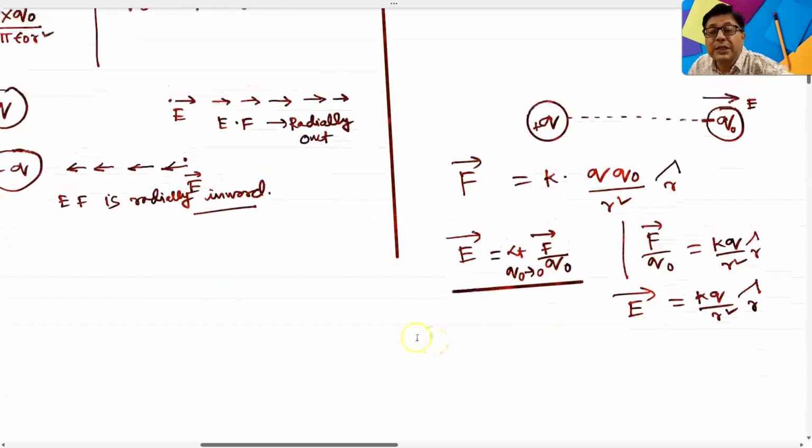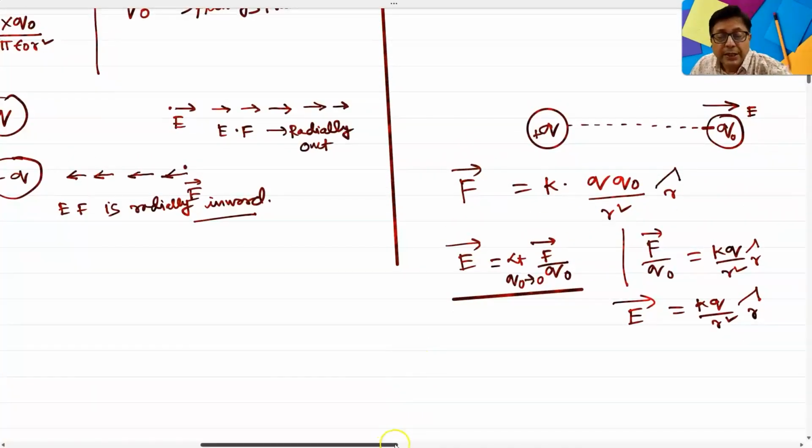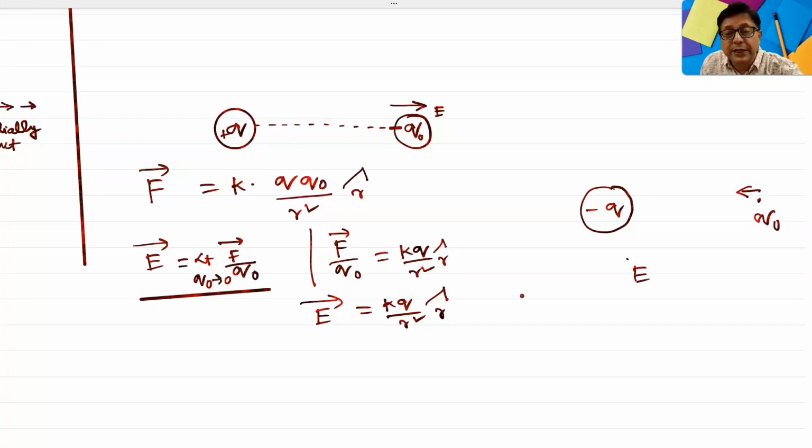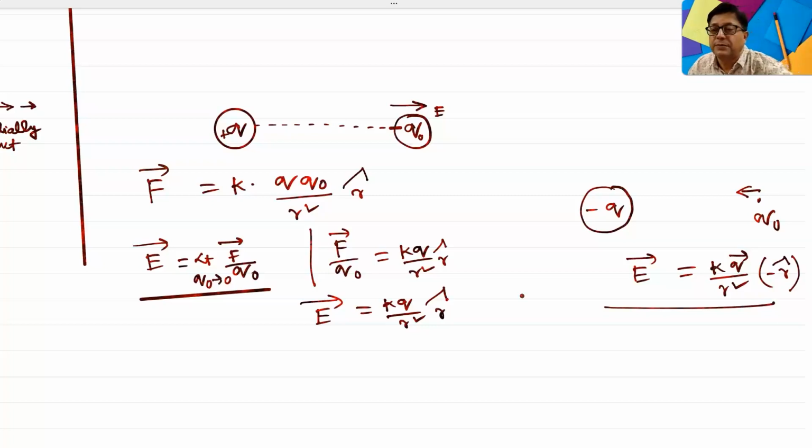But if it was a negative charge, what will be the direction of electric field strength? If charge is minus Q over there, then at this point, Q0 will experience an inward force and E is going to be KQ by R square, that R cap we take minus. It is directed inward. That's why.